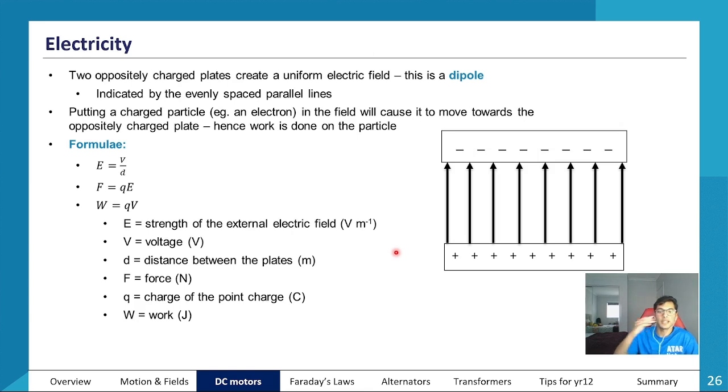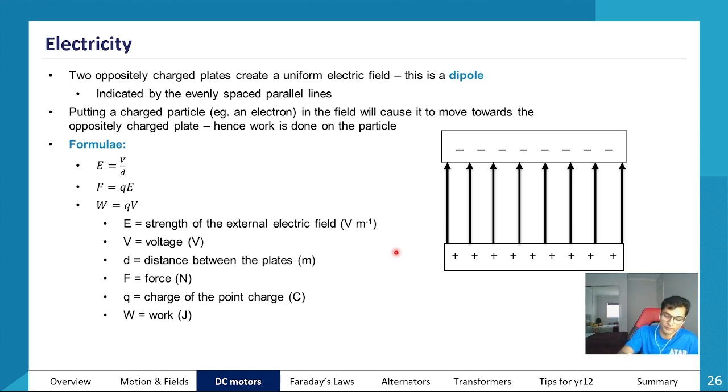Cool. And the next type of electric field we have is sort of like a charge plate, right? So we have two plates at the top and the bottom, and there's an electric field in between the plates.